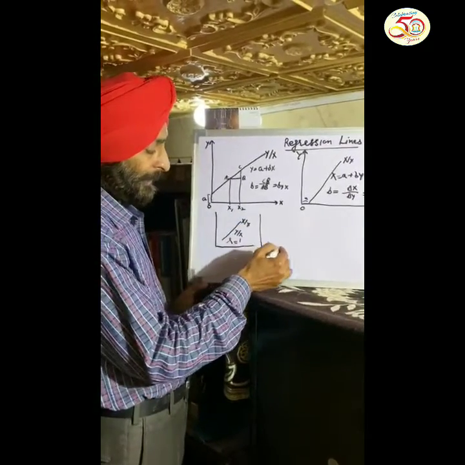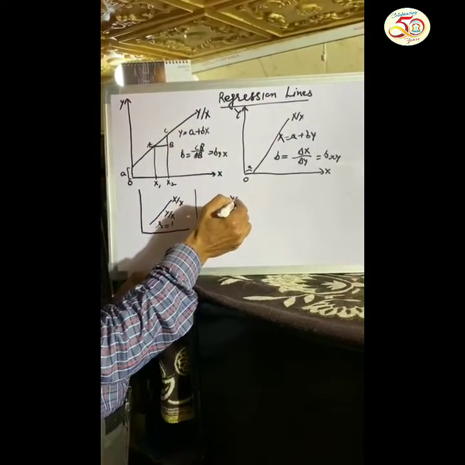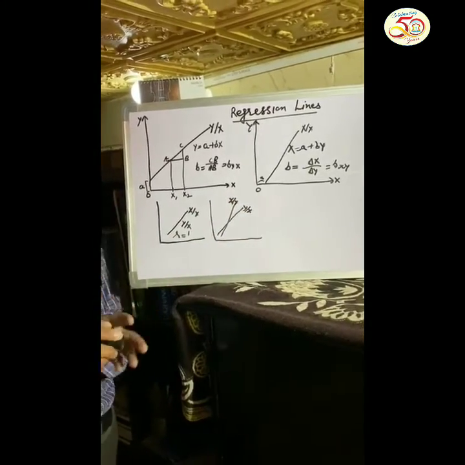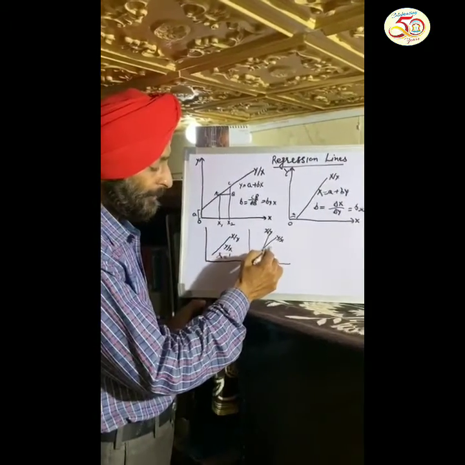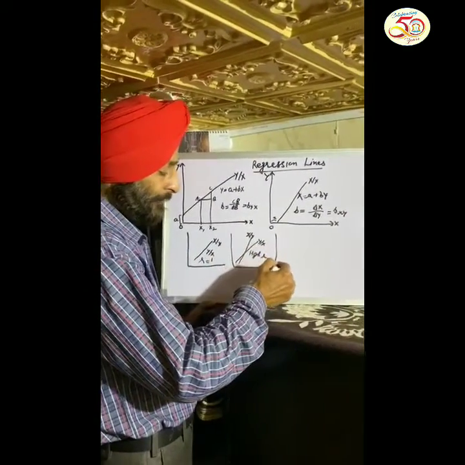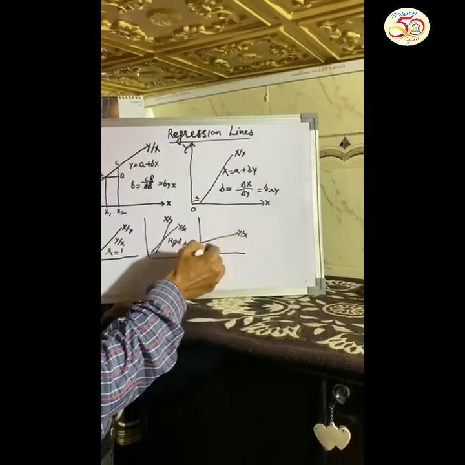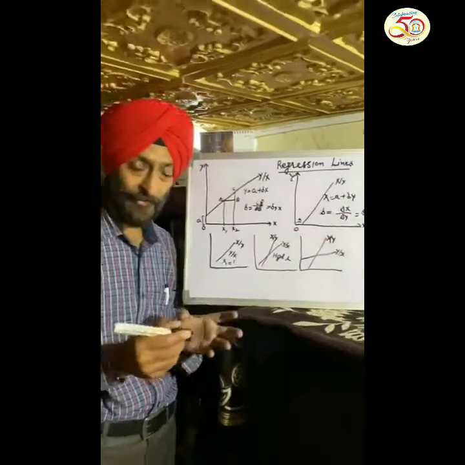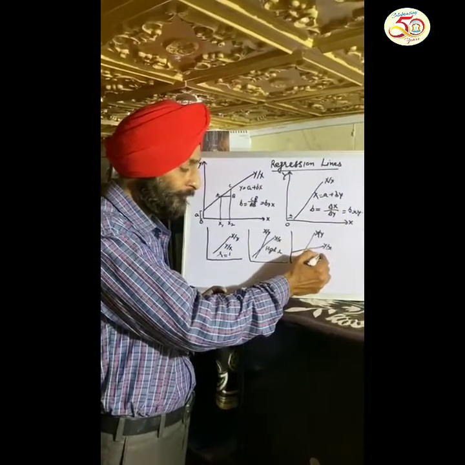If these lines are not coinciding, for example, this is y on x and this is x on y, it shows that the lines are not coinciding but they are near to each other. Here correlation is very high, so high positive correlation. Similarly, if the lines are like this, this is y on x and this is x on y, that is, the lines are at a distance. In this case, correlation is low.